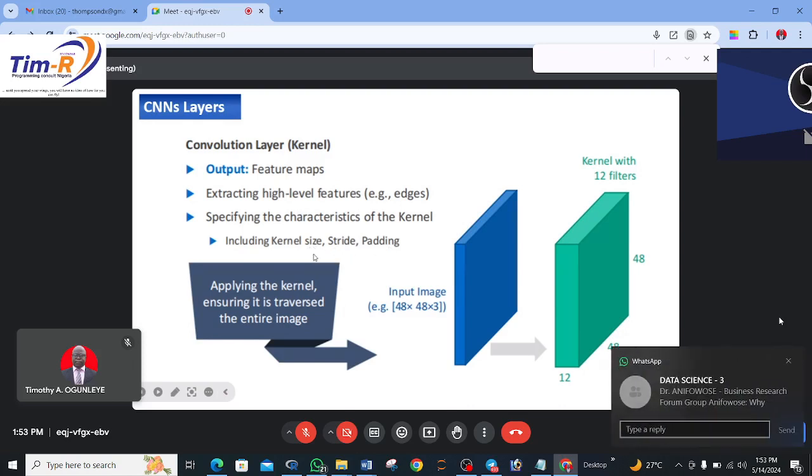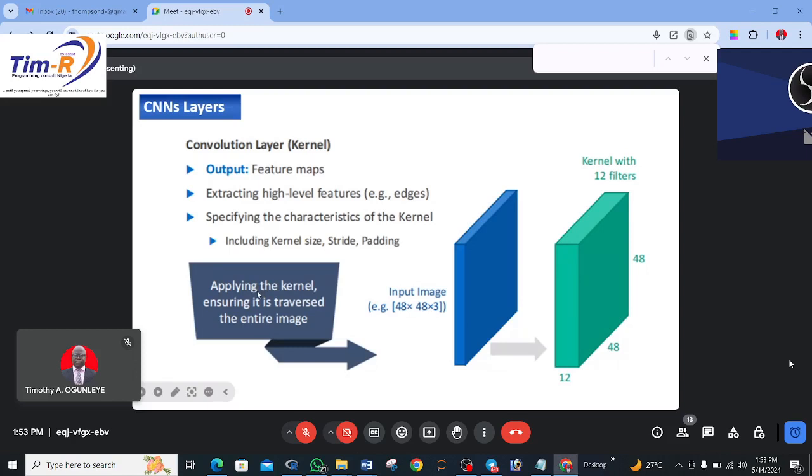If we are applying the kernel, we ensure that it traverses the entire image. For example, if you look at this input image, which is blue, we have the RGB, which shows the image width, height, and depth.